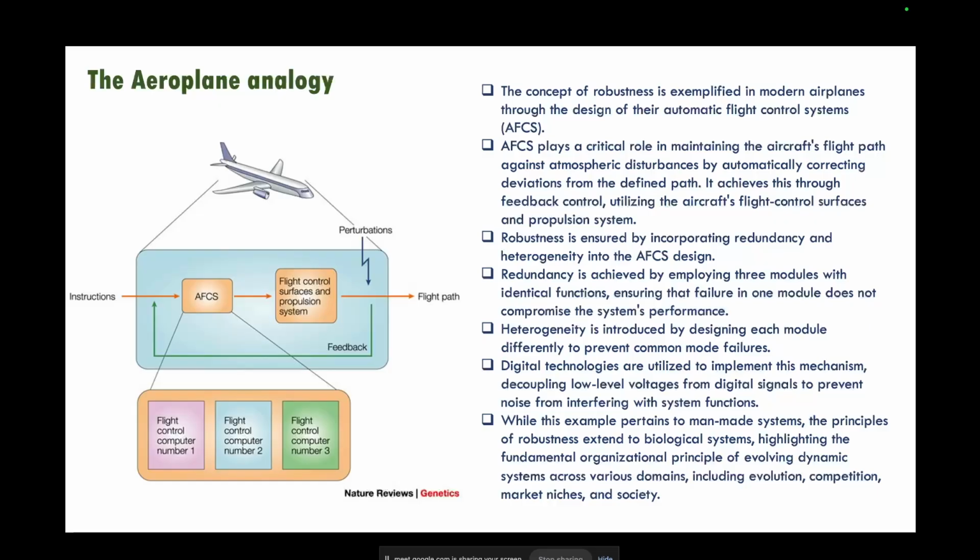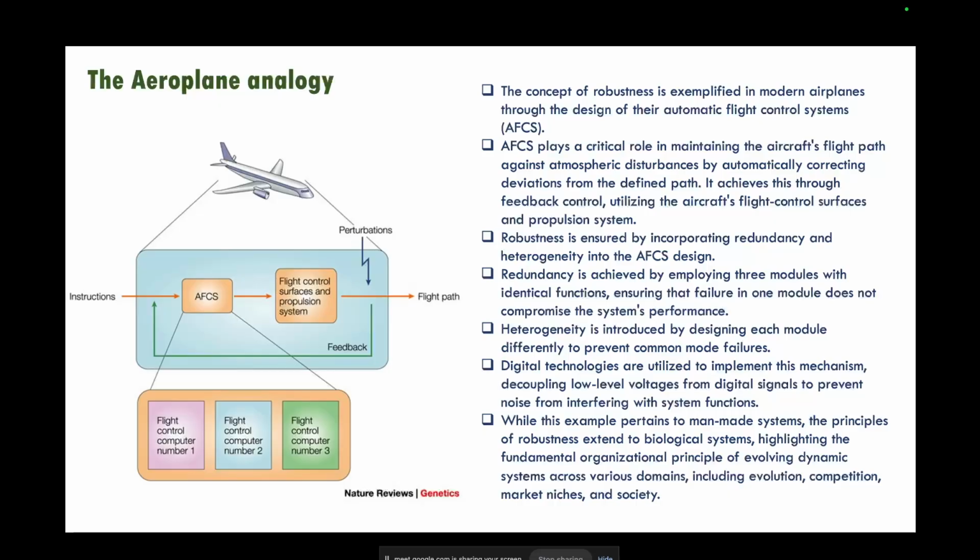Now, robustness is ensured by incorporating redundancy, as I was talking about in the previous slides, redundancy and heterogeneity, into the AFC system. The redundancy is achieved by employing three modules with identical functions. So, as I was saying, the analogy is having multiple genes doing a similar function. Three modules having identical functions ensure that failure in one module does not compromise the system's performance.